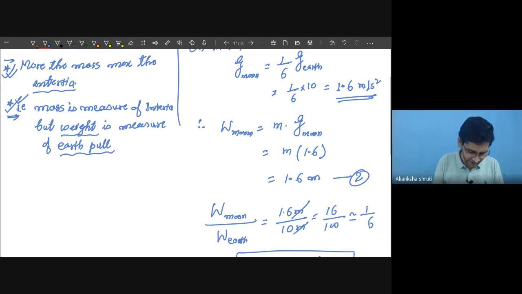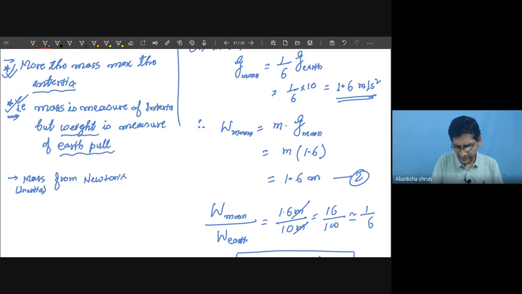You may also rewrite it like this: mass means inertia, this we have learned. Newton's first law gives inertia. But what is weight?